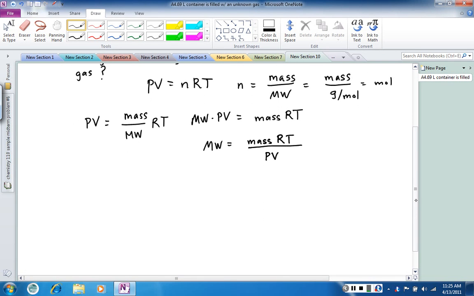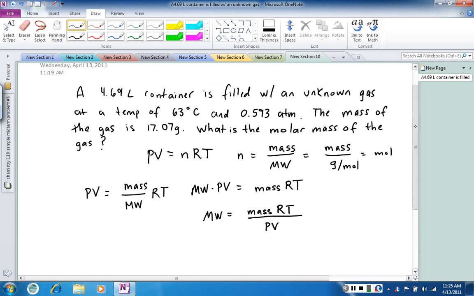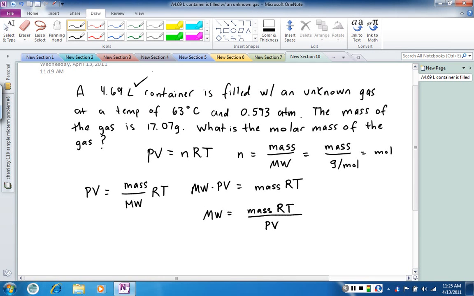So now we just straight plug and chug. We have all of our information up here. Here's our volume. It's in liters. It needs to be in liters. Here's our temperature. It's in Celsius. We need to convert that.